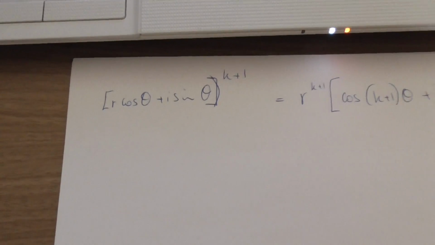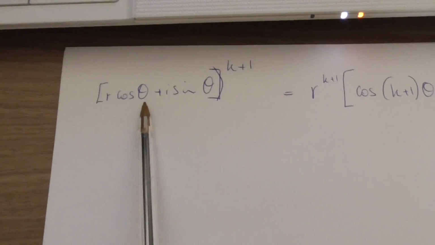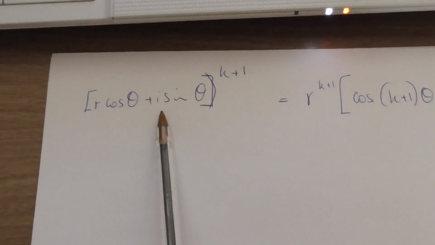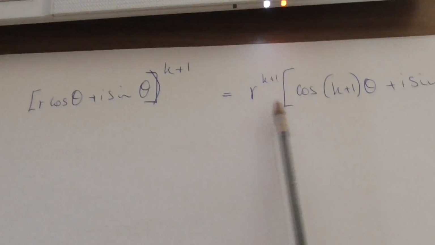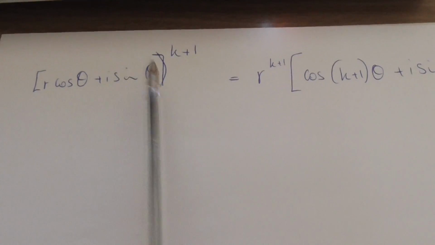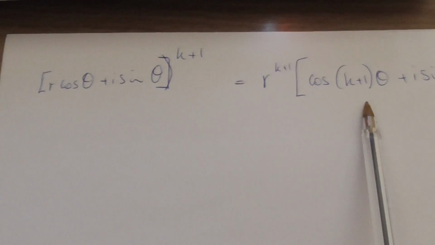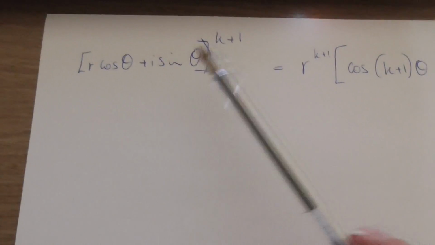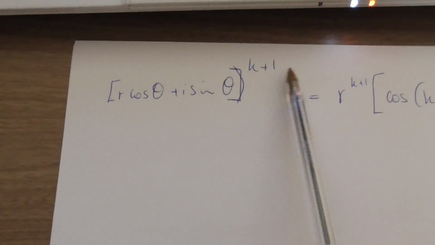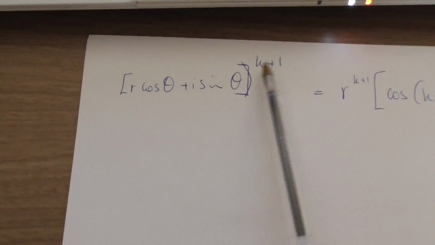What I'm going to do here is apply my rule of indices. This is already applying de Moivre's theorem, so there's no point in applying it to the left-hand side as well. I've already done it to the right-hand side. So I'm going to use rules of indices: you add the powers when you multiply the base numbers.